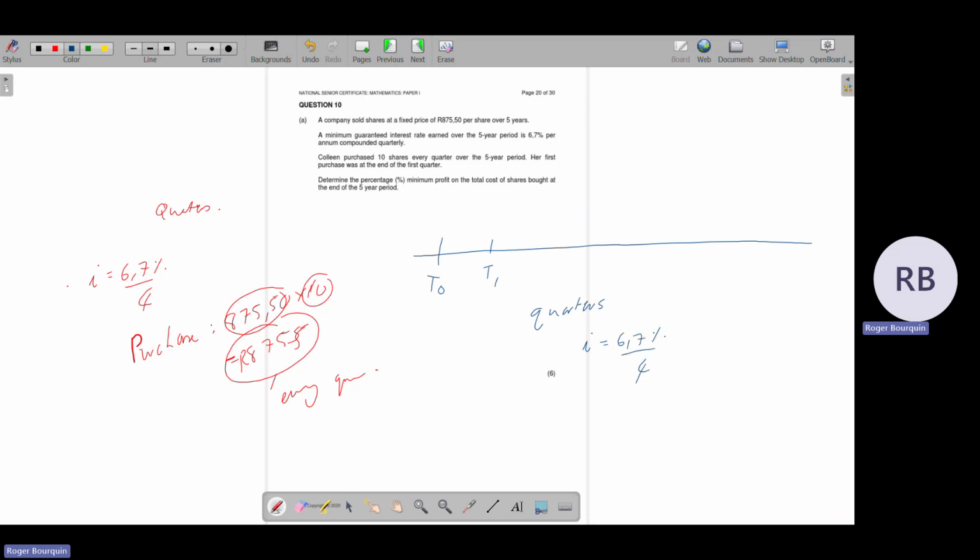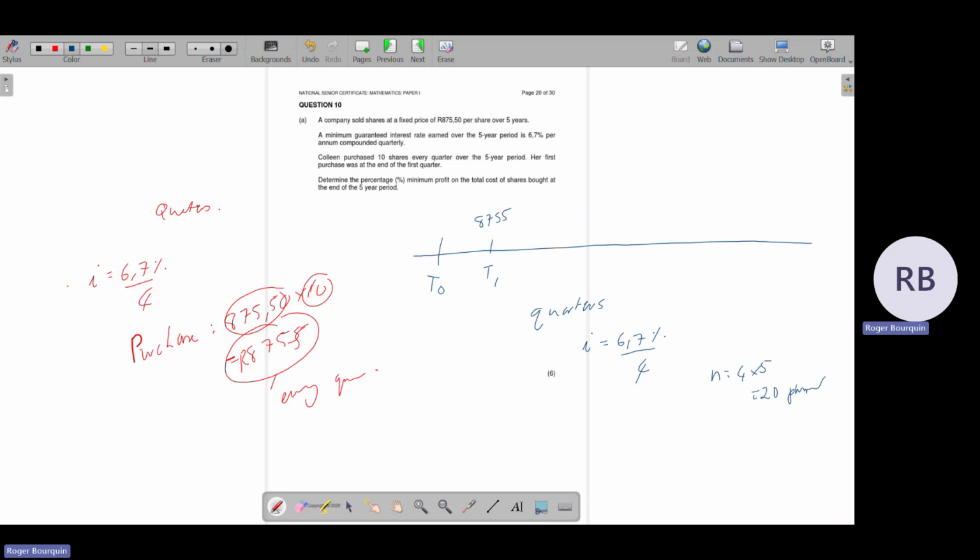And every single quarter she invested effectively 8,755 rand. And she did this 4 times a year for 5 years, so the number of payments is 4 times 5. So she's going to make 20 payments.